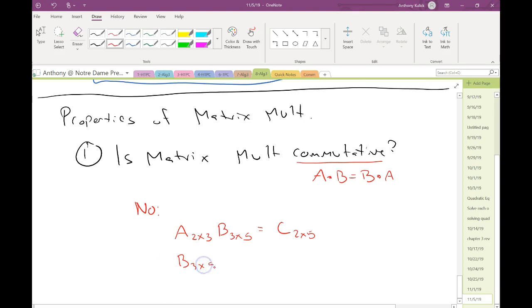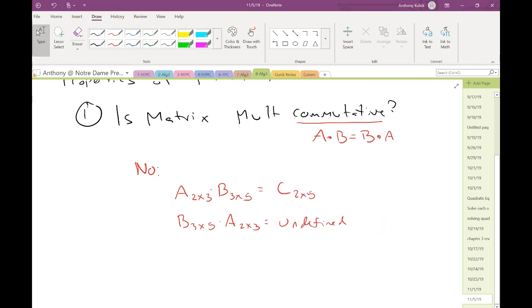But if I change the order, what happens there? Can I do the 3 by 5 times the 2 by 3? No, this is undefined, right? So in general, matrix multiplication is not going to be commutative because the dimension isn't going to work out.